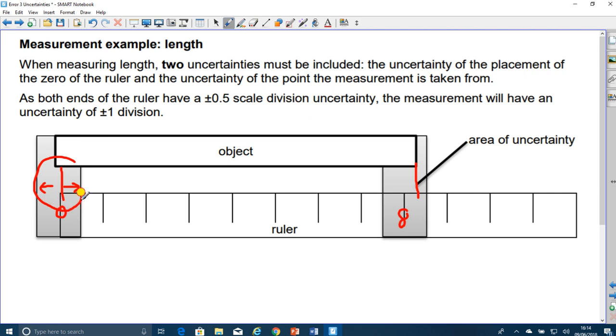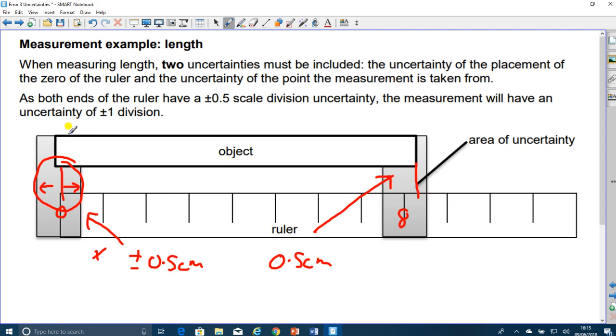That's the level of precision we're aware of. So we know there's plus or minus half a scale division. In this case, we're saying it's a centimetre, and that's there. But we've got the same here. So whatever reading we give, we can see that. Now we're saying this is 1, 2, 3, 4, 5, 6, 7, 8.